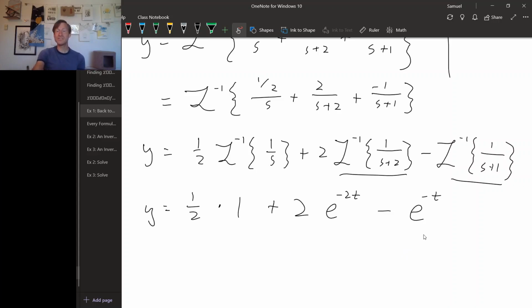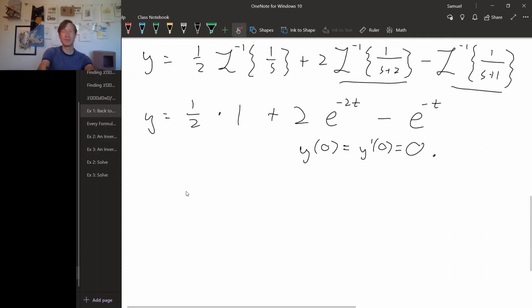All right, so you can see that we've solved the differential equation. Actually, it was an initial value problem, because along the way I added the initial conditions that y of 0 and y prime of 0 be 0. So we solved this initial value problem just using the Laplace transform. We started with an initial value problem and we want to find a solution.